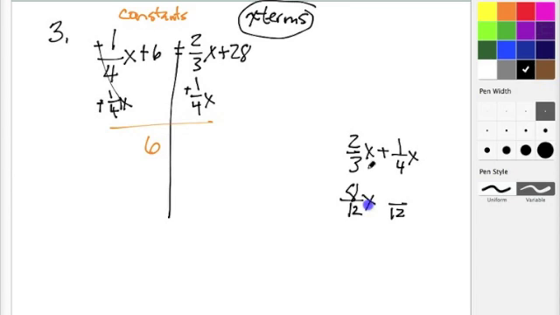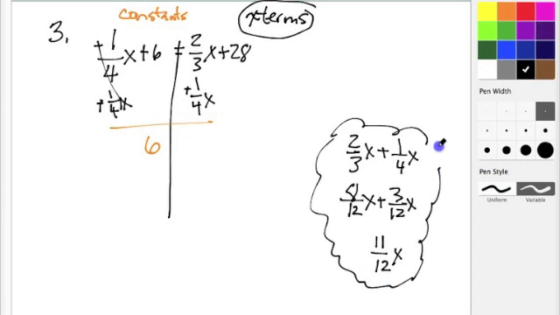So I can write 2/3 x as 8/12 x. And then 1/4 x can be written as 3/12 x because I multiply top and bottom by 3 to get this value. So now that I've got the common denominator, I can add them up and I see that this is just 11/12 x.